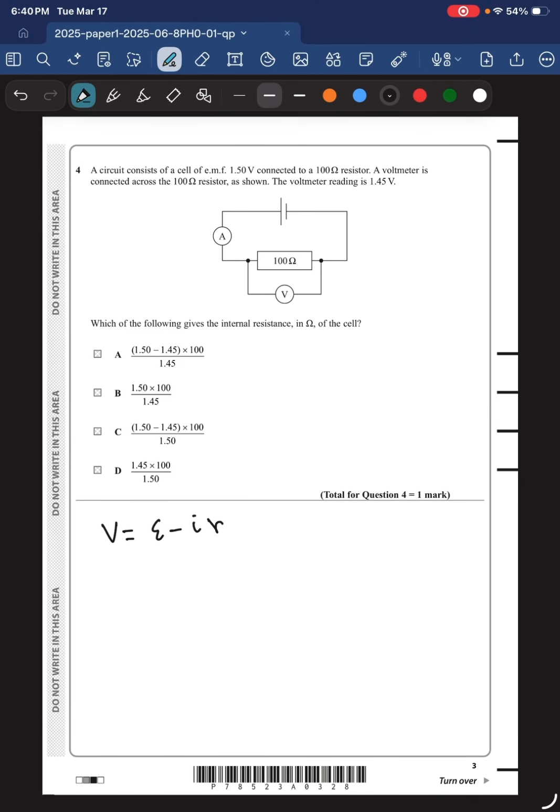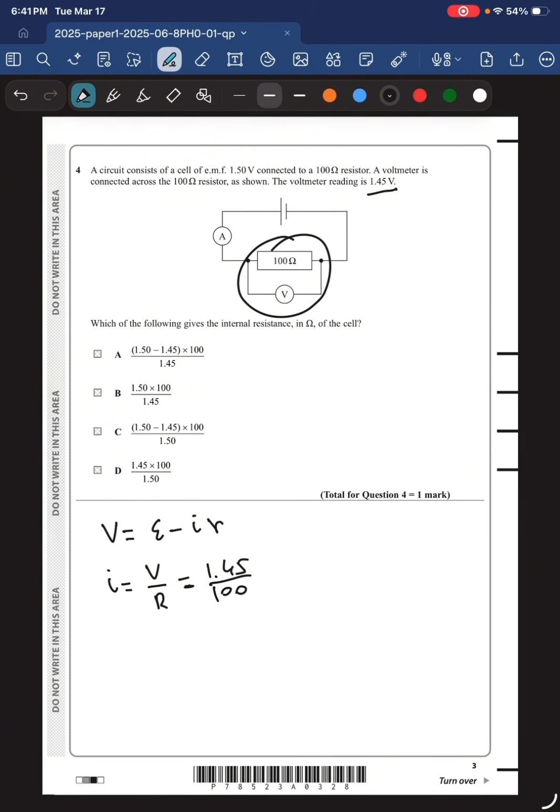And then we can actually calculate the current in the circuit using I equals V over R. Okay, what is V? 1.45. Okay, so we are calculating I by using the information from here. So I is the voltage, which is 1.45, over the resistance of this resistor, which is 100, right?